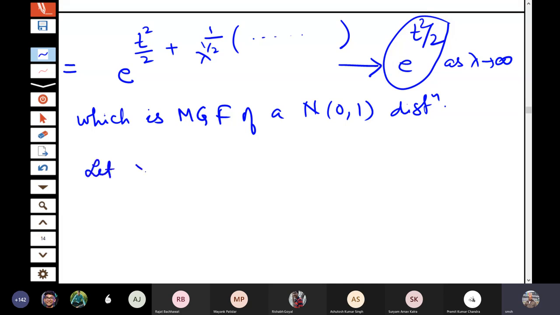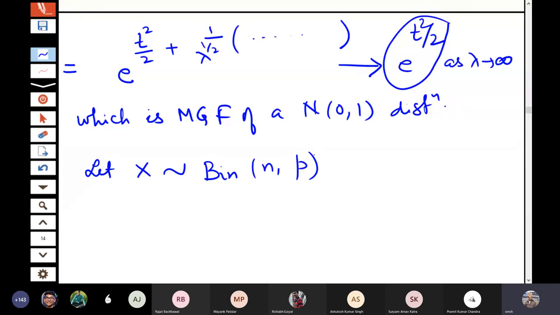Let us consider x following binomial(n, p). We have seen that as n tends to infinity and p tends to 0, such that np tends to a fixed number, the binomial distribution converges to a Poisson distribution. But we have now seen that as lambda tends to infinity, Poisson converges to normal.